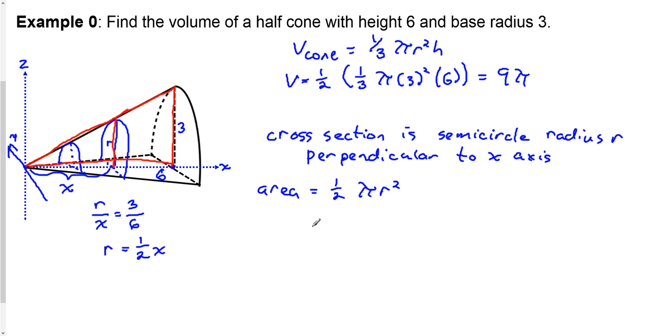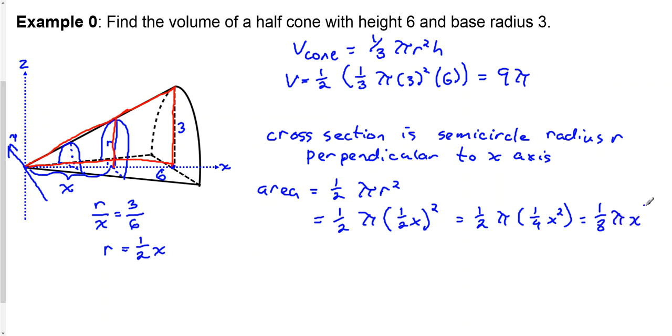We can sub this into our expression for the area. So our area is going to be 1/2 pi, and instead of r, we have 1/2 x, and that whole thing is squared. Simplifying, we get 1/2 pi times 1/4 x squared, which is 1/8 pi x squared.